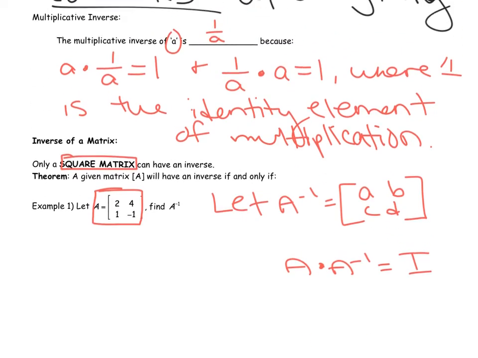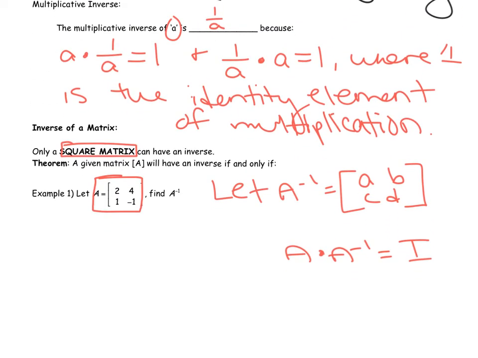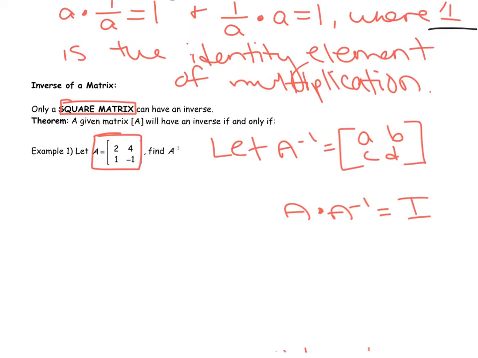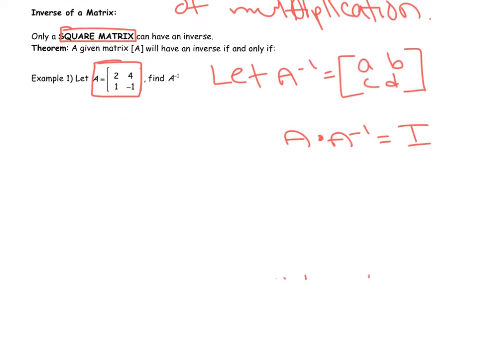We just said that earlier. If I multiply A by its inverse, I'll get back to the identity where we had 1s across the diagonal.